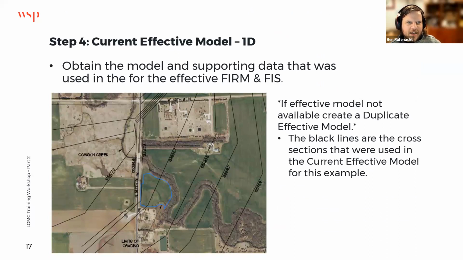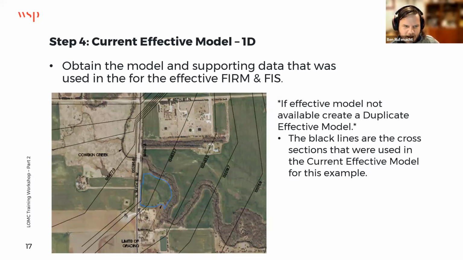Next step after that is to get the current effective model. So we need to get a hold of the model that was used for the effective floodplains. Sometimes this is easier than others. If you're in a really old area with paper maps, you're probably not going to find the model.